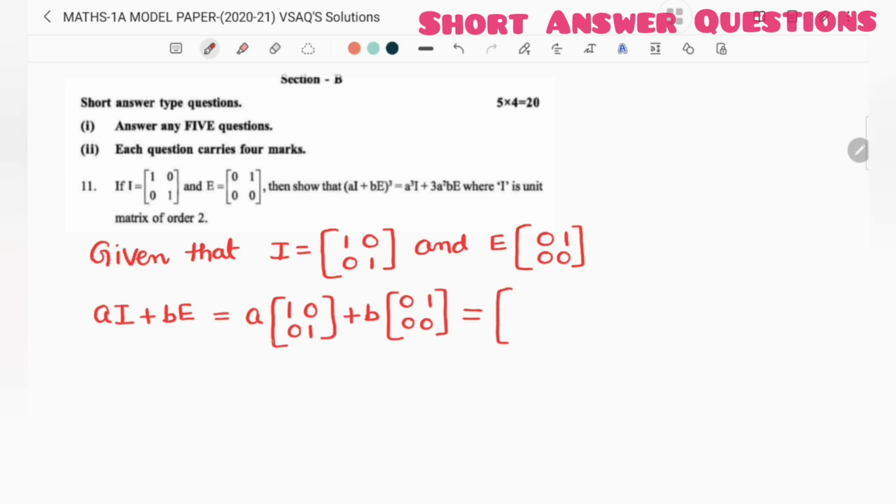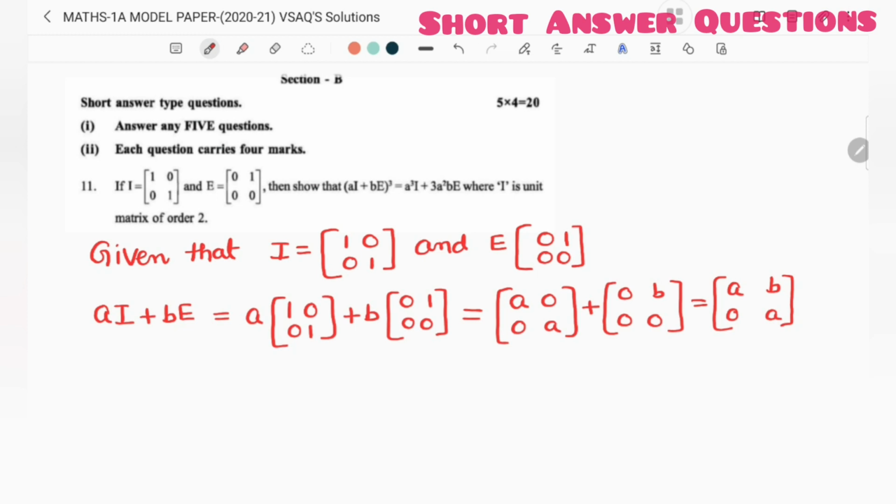So the first matrix is multiplied by a, and the second by b. After that, addition of matrices: corresponding elements we add. a plus 0 is a, 0 plus b is b, 0 plus 0, a plus 0. So aI plus bE is equal to [[a,b],[0,a]].